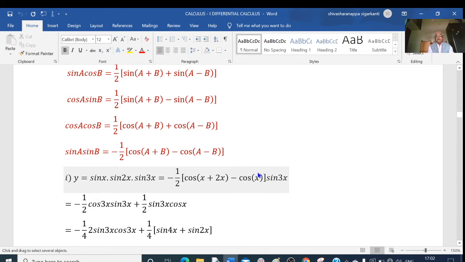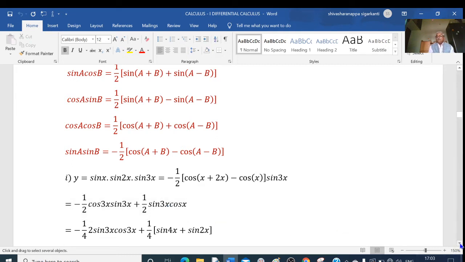This becomes minus x, but we know that cos of minus x equals cos x itself. So this becomes minus 1 by 2 into (cos 3x minus cos x) into sin 3x. So that is minus 1 by 2 into cos 3x sin 3x, minus, and this minus into minus is plus 1 by 2 into sin 3x cos x, or you can write cos x sin 3x, anyway we can write.